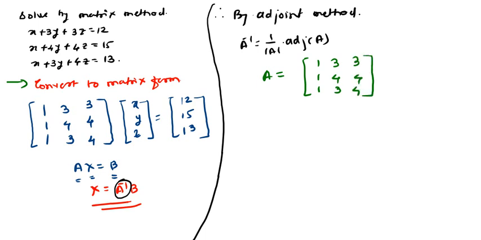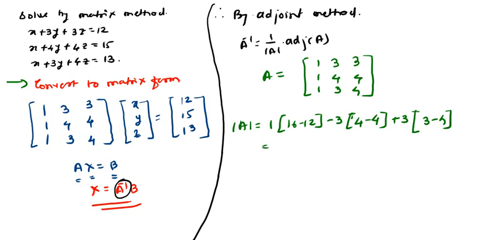So the determinant of the matrix will be 1 into (16 minus 12), minus 1 into (12 minus 9)... Okay, 16 minus 12 is 4, this will get cancelled, and this will be 3 into minus 1, that will be minus 3, and that is equal to 1. So finally we have got the determinant of the matrix, and this determinant is not equal to 0. This implies the inverse of the matrix exists.